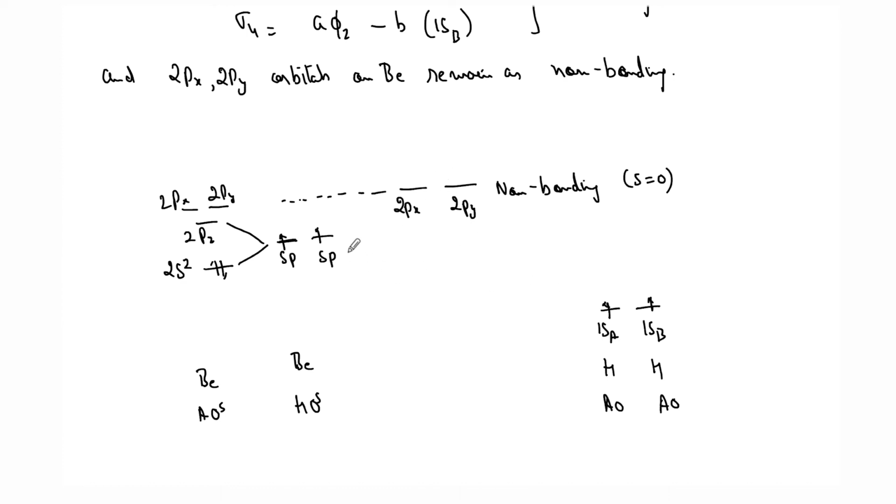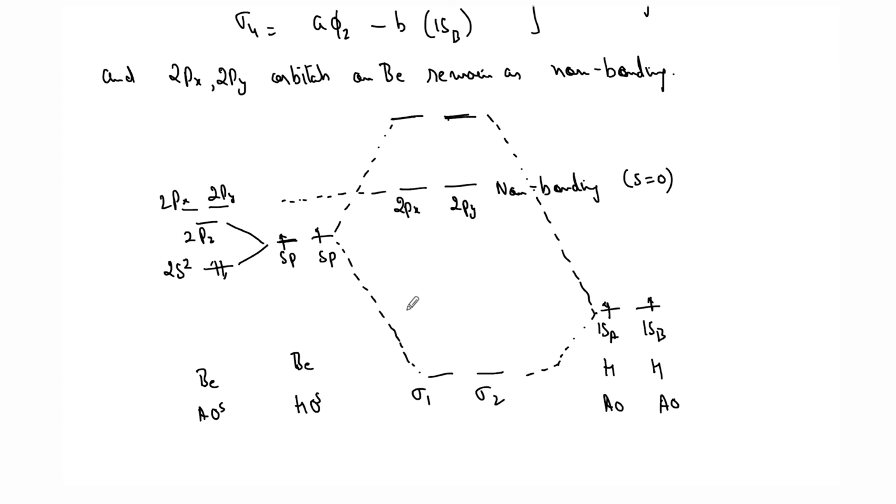Now what is left? So you have to combine these two now because of similar symmetry. So now you have sigma 1, sigma 2 coming from here, sigma 1, sigma 2, and equal destabilization will happen, leading to anti-bonding formation. Well, you cannot predict the absolute energies from group theory, but you can only estimate the relative energies.